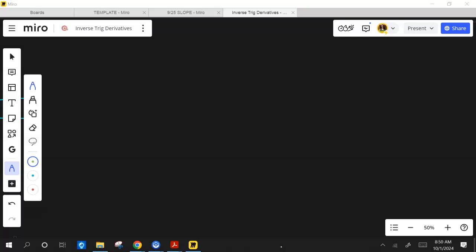I usually always give you the inverse ones for a while. I'm not going to say the whole green sheet, but the inverse ones.